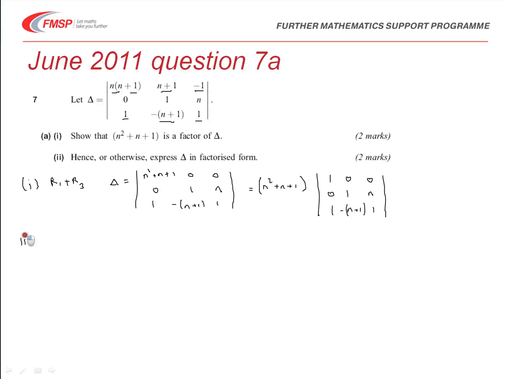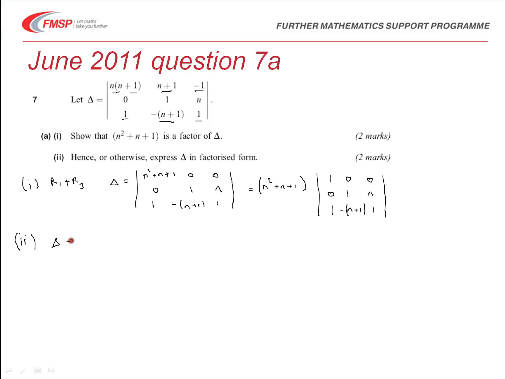Now part 2 asks us to find the factorised form of this determinant. From what we've now got, it's relatively easy to expand using this top row to find the remainder of this determinant.